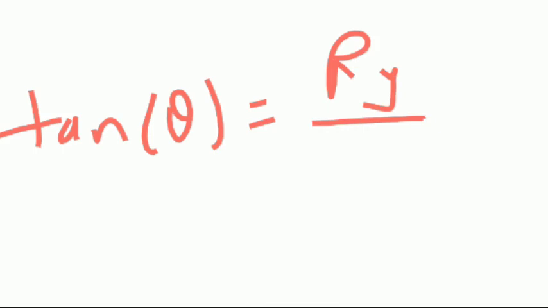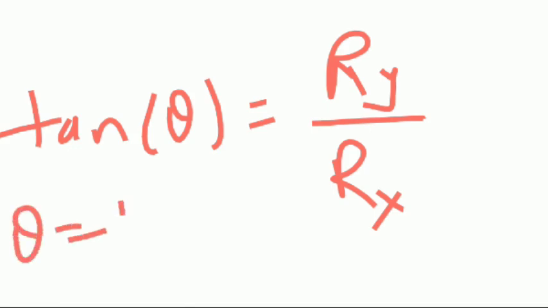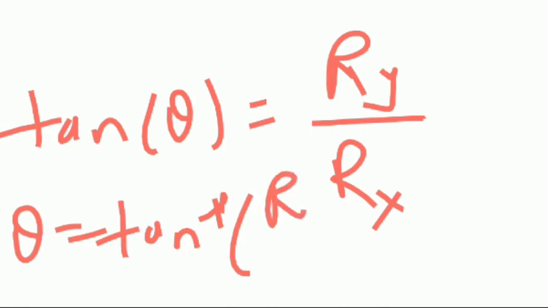So tan of theta is equal to ry, which is the opposite side, divided by rx. And if we have to find theta, we can simply take the tan inverse of ry divided by rx.